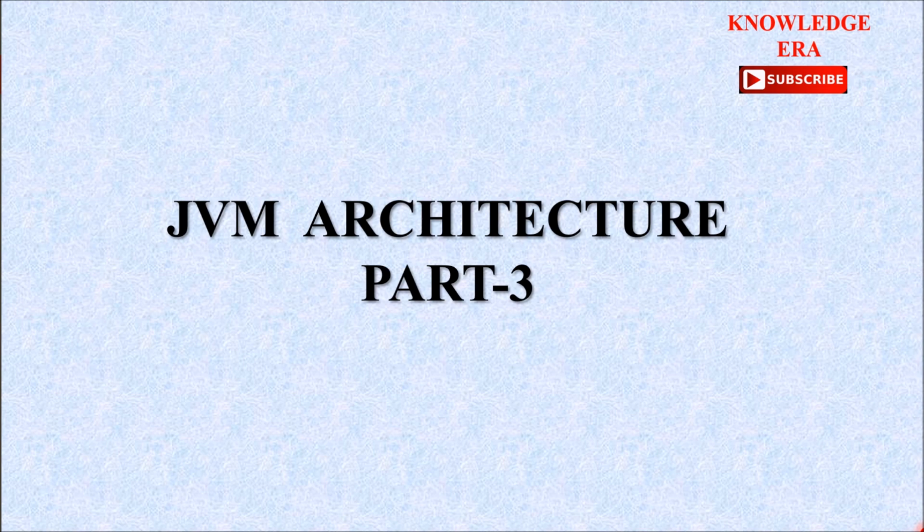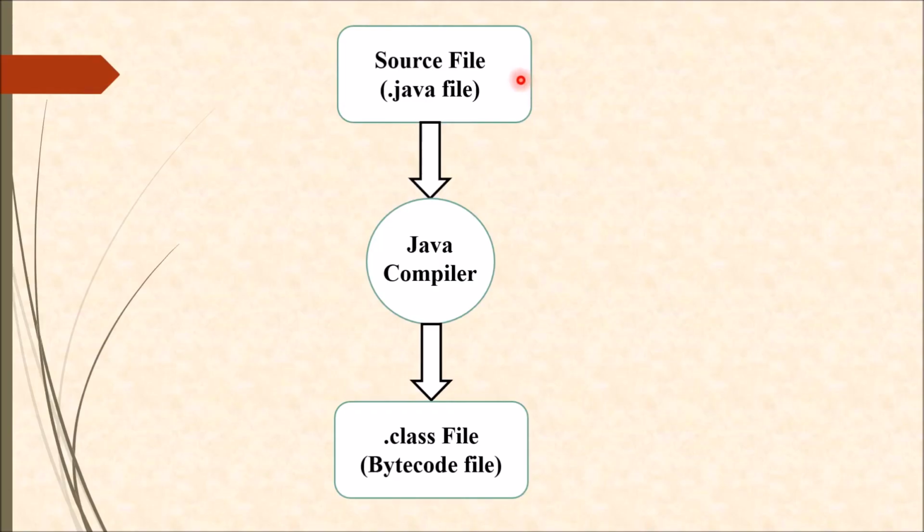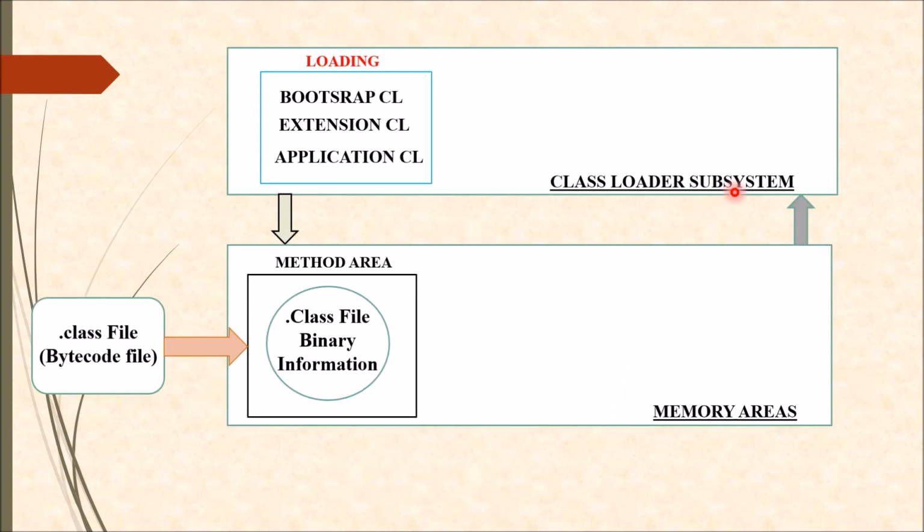In the previous two videos, I explained that if I have a .java file, then with the help of the Java compiler, we get this .class file. In order to execute this .class file, JVM first requests the class loader subsystem, and with the help of these three class loaders, it loads this .class file inside the method area.